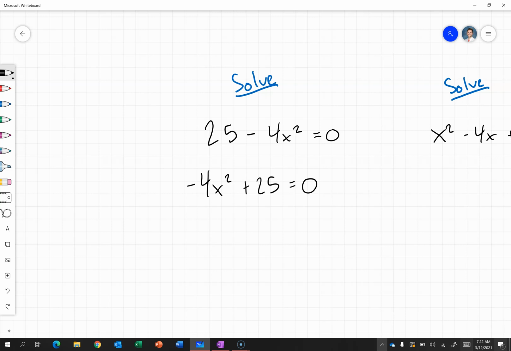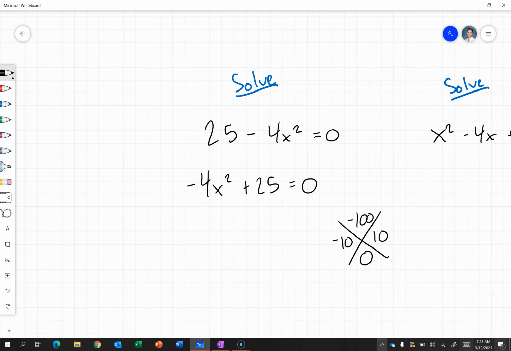There's no coefficient for just a plain x. So in this case, b will be 0, and AC is negative 100. So we need something that will multiply to negative 100 and add to 0, right? So we can see that'll be negative 10 and positive 10.